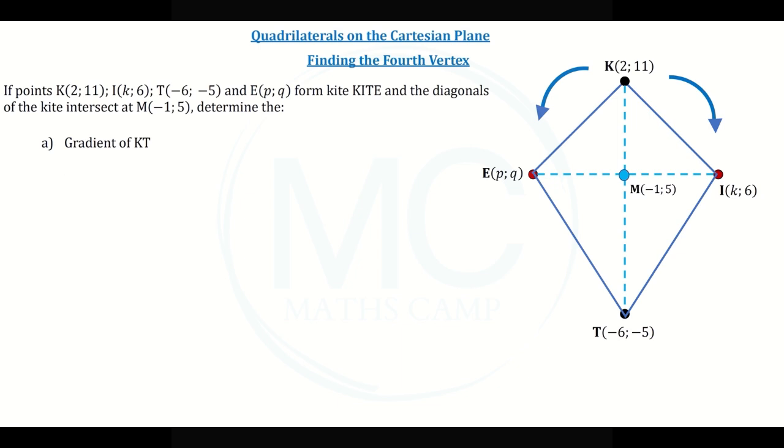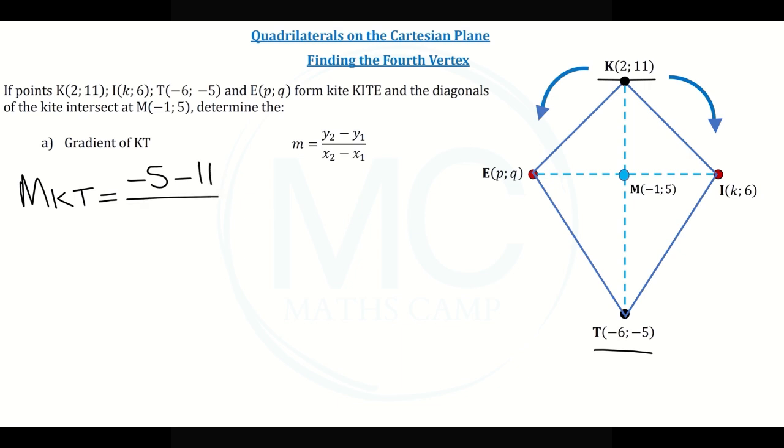Determine the gradient of KT. We can use the gradient formula. Let's say that K is our first point and T is our second. So we can say the gradient m of KT is equal to negative 5 minus 11 all over negative 6 minus 2.